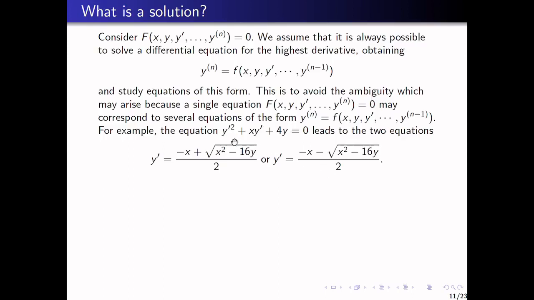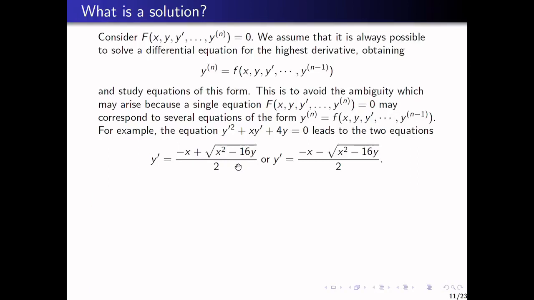So you can see that if we treat y dash as a variable, then it is a quadratic, and so it gives rise to two possible expressions for y dash. And so to avoid this ambiguity, we assume that the given differential equation can be expressed uniquely as a differential equation involving the highest derivative.